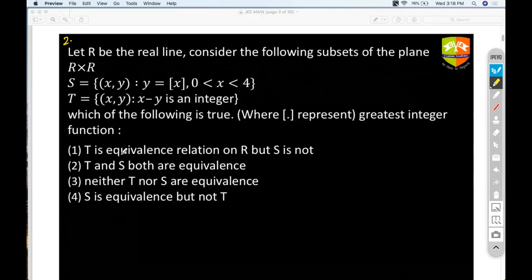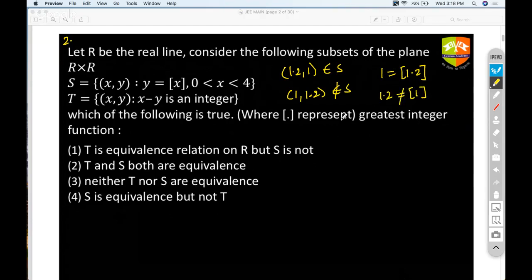So the options are saying T is an equivalence relation on R, but S is not. Of course, you can see if you take an element like 1.2 comma 1, it clearly belongs to S. But the moment you flip the position, that is 1 comma 1.2, this does not belong to S, the reason being 1 is the GIF of 1.2, but we cannot say 1.2 is the GIF of 1.